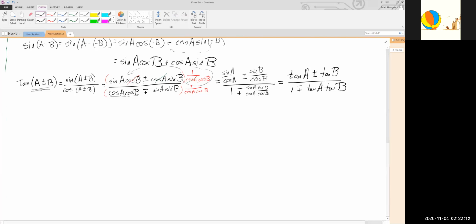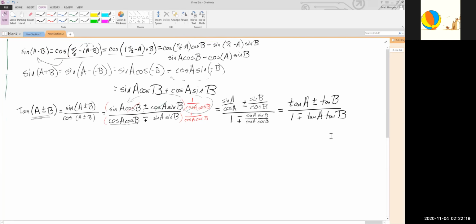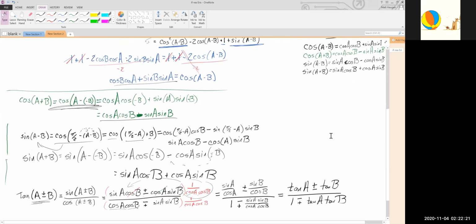Again, just this flow of how we can manipulate these. I mean, no one's going to ask you to memorize all of this. Not even me. So don't memorize all of this. But I wanted you to see this flow of all these tools and how they manipulate one into the other.